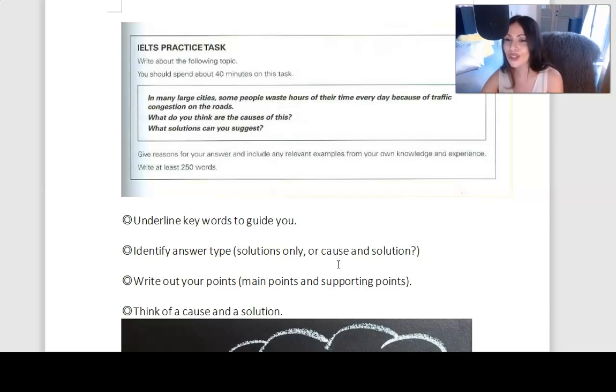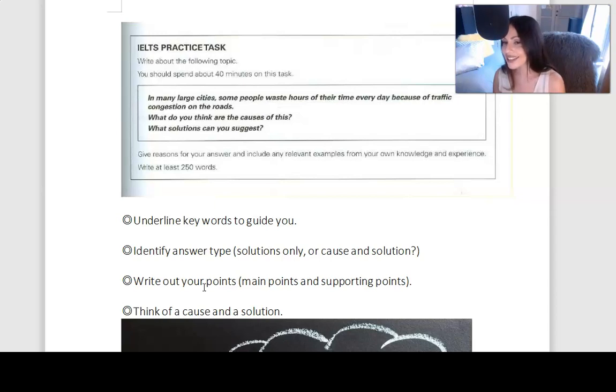So you know you've got to include those in your points. Then write out your points, of course. Take a few minutes, maybe 1 or 2 minutes maximum, to write out your main points as well as your supporting points. Ask your IELTS tutor what the difference between these 2 types is, okay? And your tutor should be able to do some exercises with you.